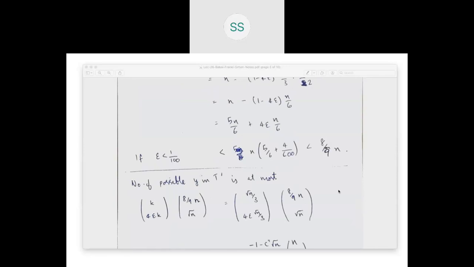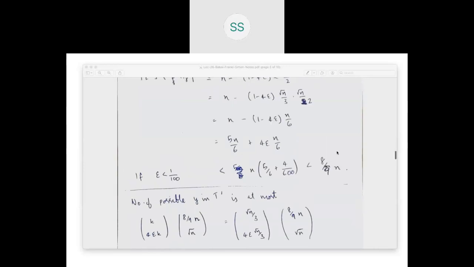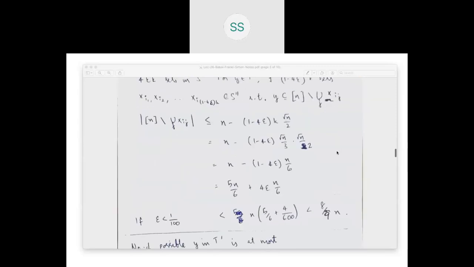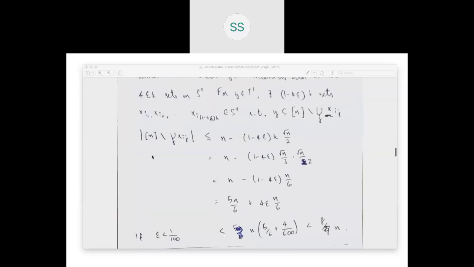So what are the total number of y's? But this is enough for us. What are the total number of y's that are possible in T prime? So first, which sets in S double prime does that y intersect with? So there are 4 epsilon k such sets.